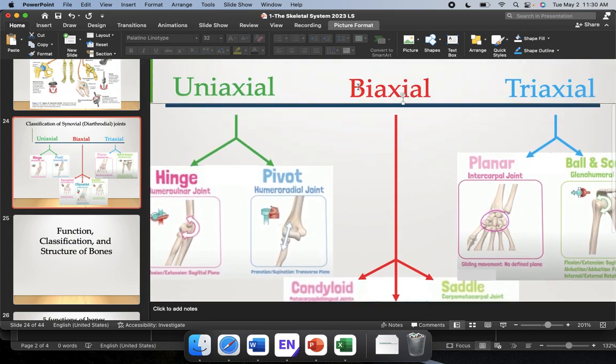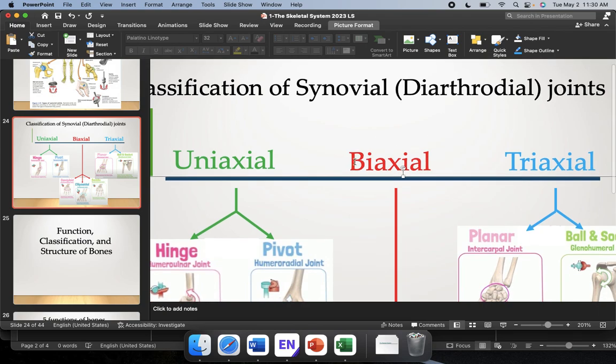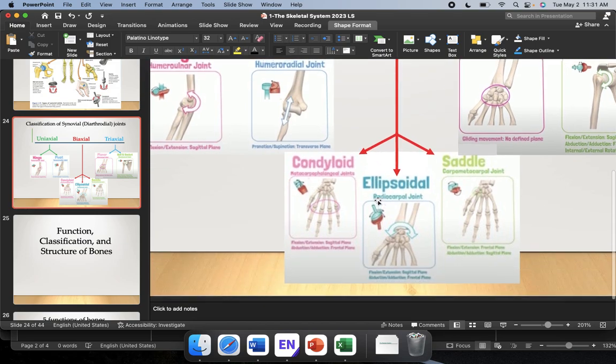The next classification of synovial diarthrodial joints are joints that can move in two planes, or biaxial. Our biaxial synovial joints include condyloid joints, ellipsoidal joints, and saddle joints. If you think about your fingers, your metacarpophalangeal joints, where your metacarpals meet your proximal phalanx, we have two typical movements here.